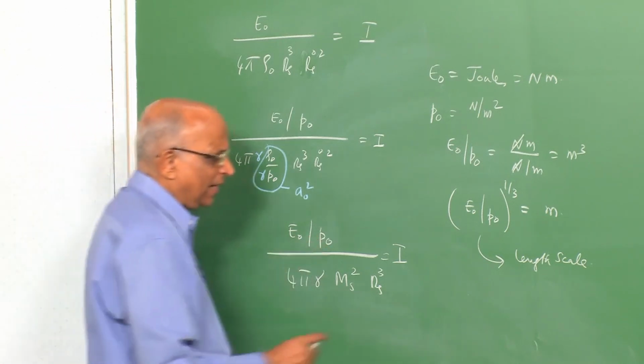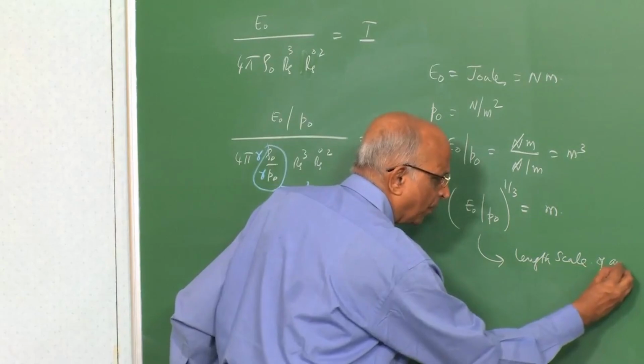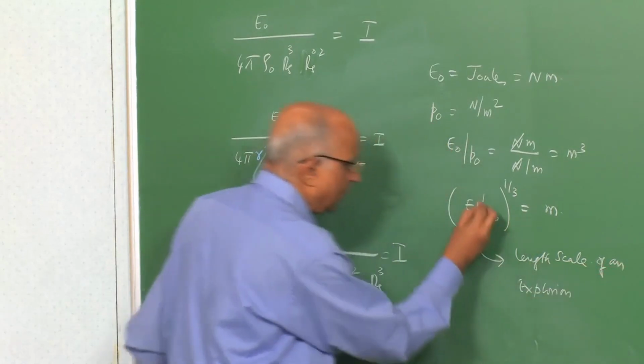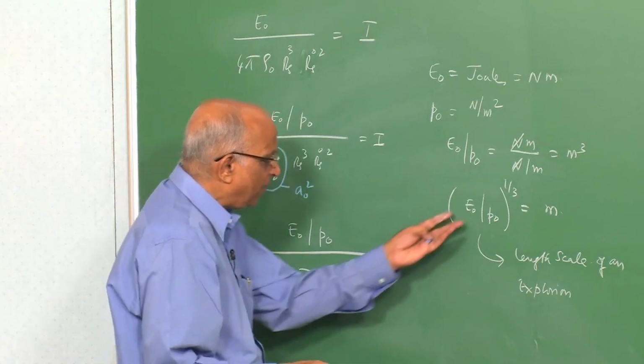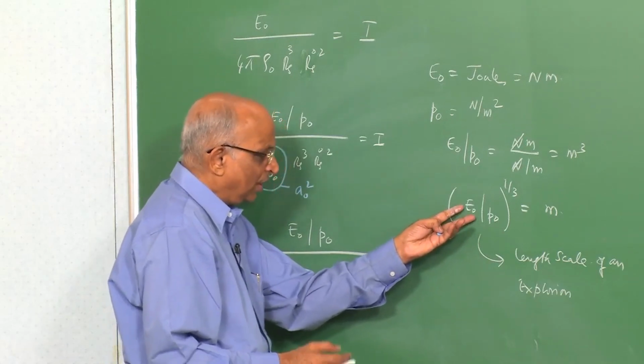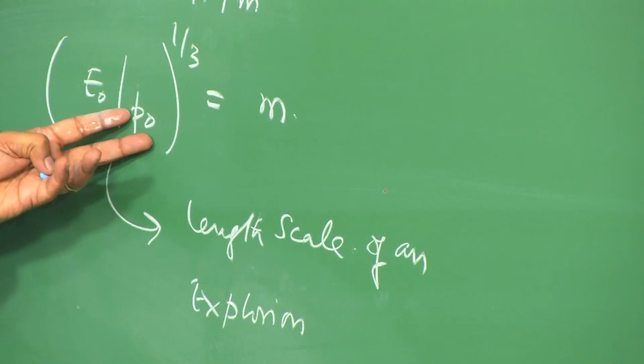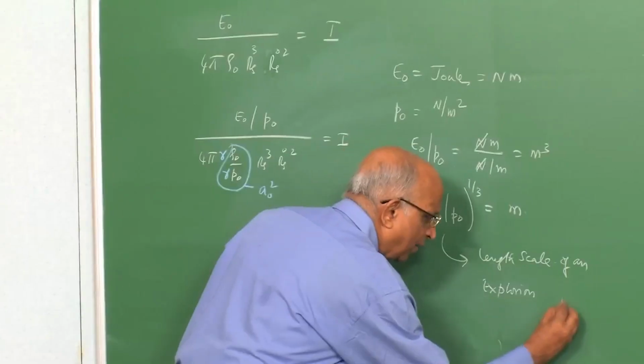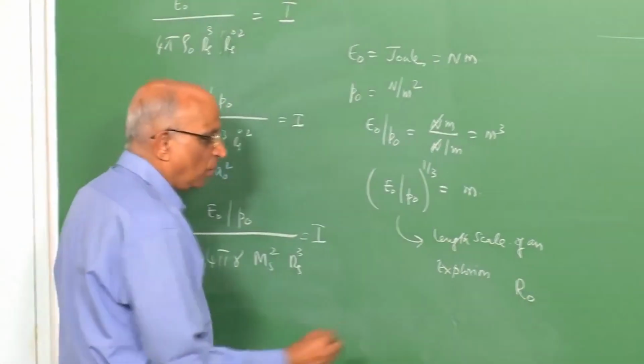I define the length scale of an explosion, and it tells me if an energy E0 joules is deposited in a medium of pressure P0, I get a length scale, and this length scale of an explosion I denote by R0, so many meters.